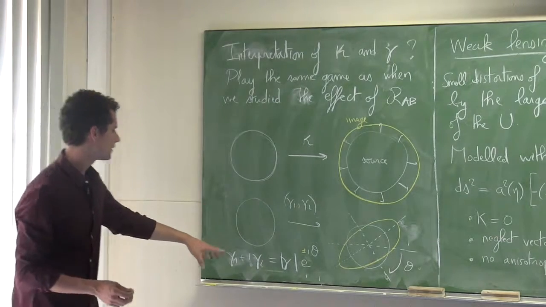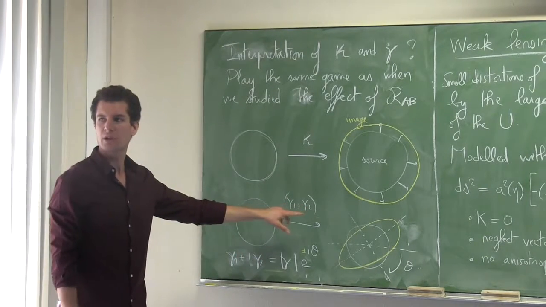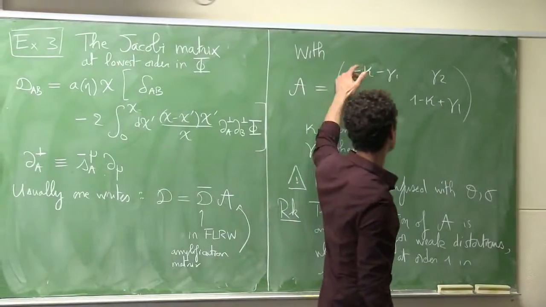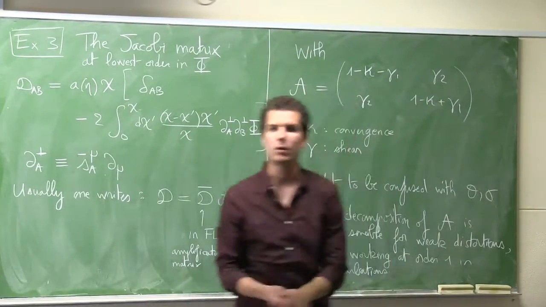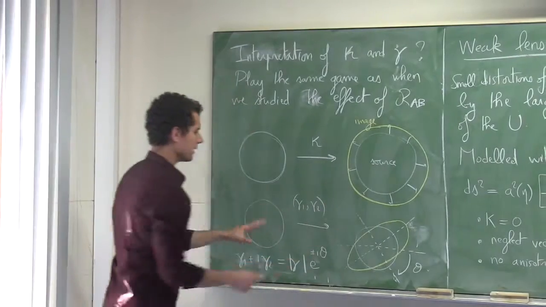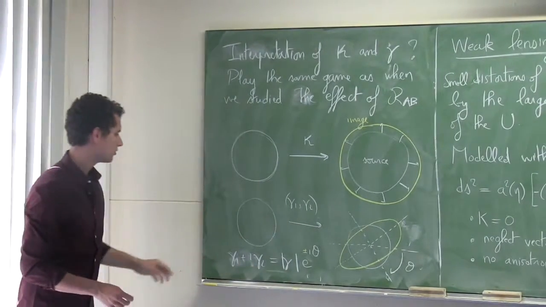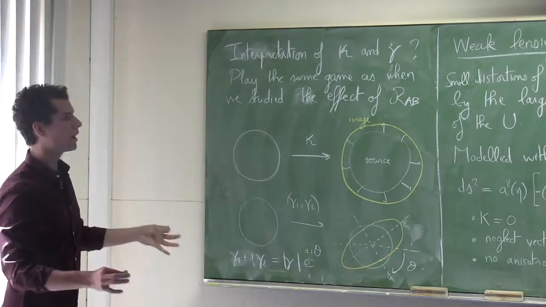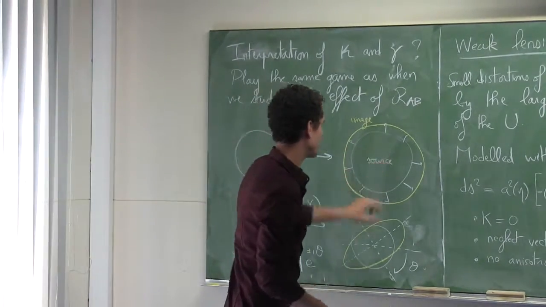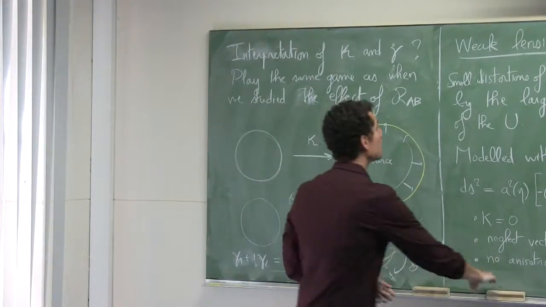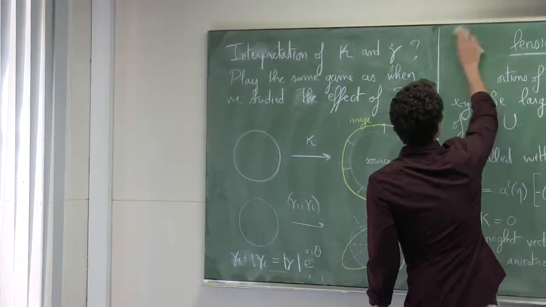What is important is that you have two numbers here, and that the proper axis of the matrix minus gamma 1, gamma 2, gamma 2, gamma 1 will be given by this theta or maybe minus theta according to such a relationship. So again, kappa, net magnification; gamma, net distortion. Right.